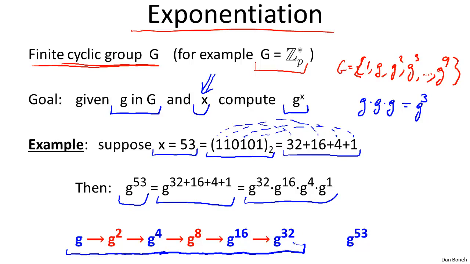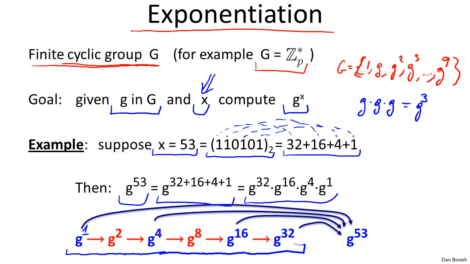And now we're simply going to multiply the appropriate powers. g to the 1 times g to the 4th times g to the 16th times g to the 32 will give us the value that we want, which is g to the 53. So here you see that all we had to do was 1, 2, 3, 4, 5 squarings plus 4 more multiplications. So with 9 multiplications, we computed g to the 53.